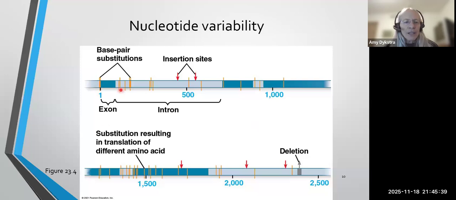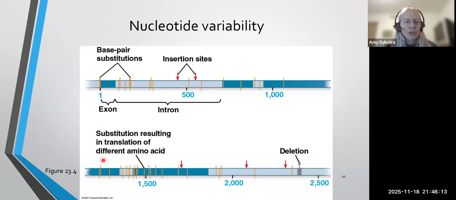Now, much of this variation, oh, and by the way, the red arrows are insertion sites where there's been a nucleotide or a few nucleotides added in that spot. All of this variation is neutral. It doesn't cause any change in the expressed protein except for this one substitution that's shown with this black label right here.